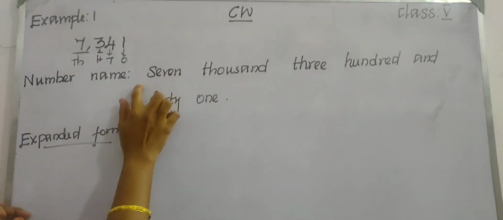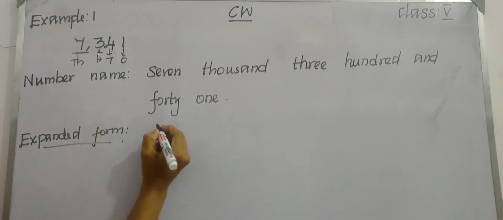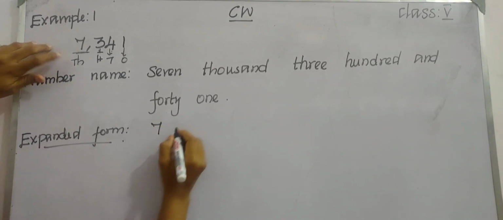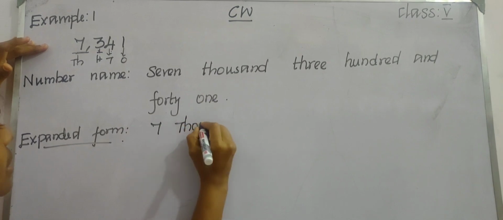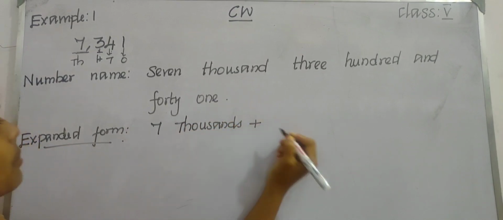So just see, we are having 7,000s. So write 7,000s. Put the number 7, it is in thousands place. Thousands. Just put plus.